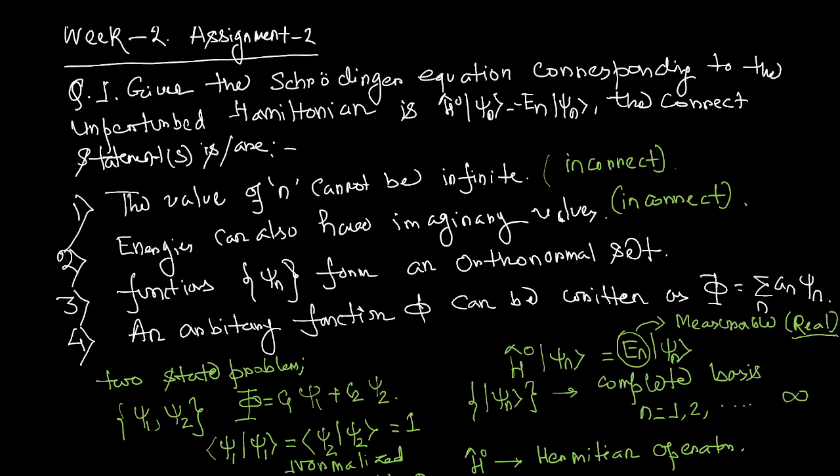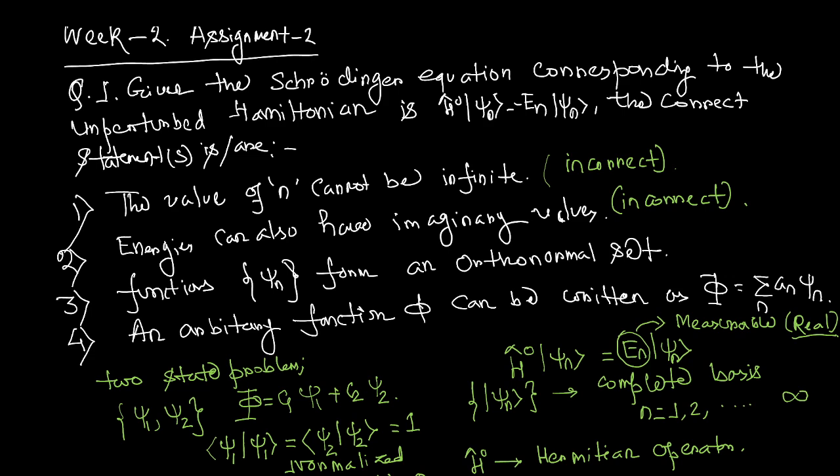So therefore, the simple example you can take, particularly in a 1D box: you can see psi 1 and psi 1, all the wave functions are normalized. But if you take the overlap between psi 1 and psi 2, the value will be 0, so they are orthogonal to each other.